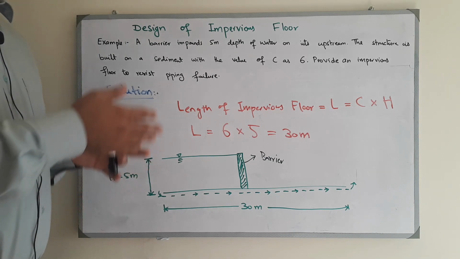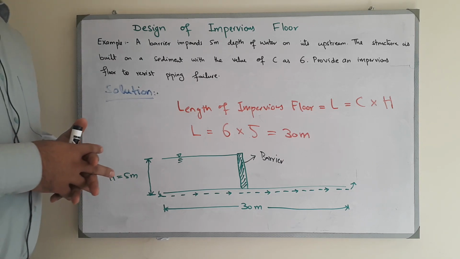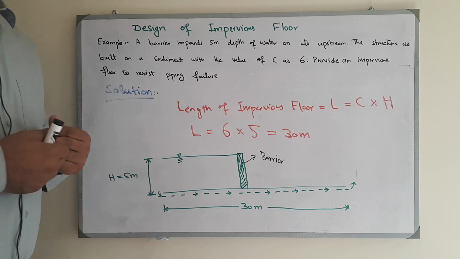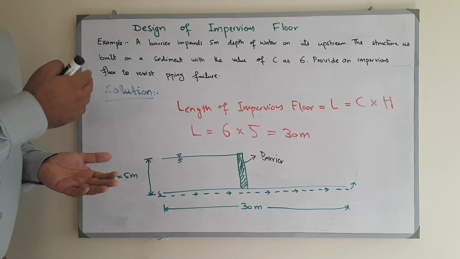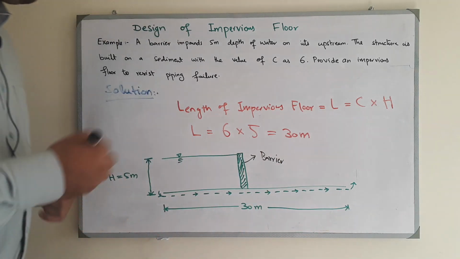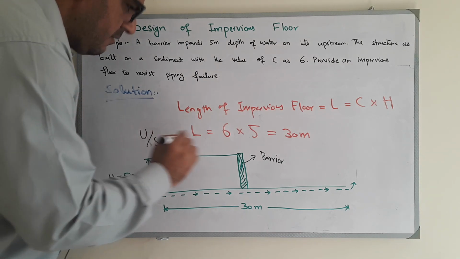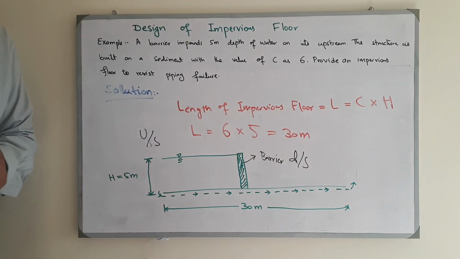If we provide the sheet pile at the upstream or at the downstream, how will it affect the thickness of the floor, and which option is better: a sheet pile at the upstream of the structure or at the downstream of the structure? This is the upstream and this is the downstream of the structure.